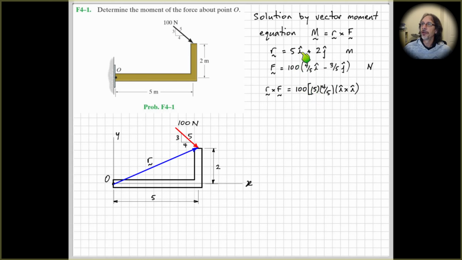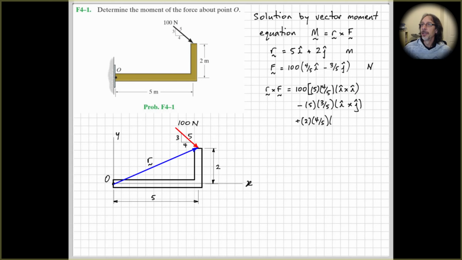So here I've got 5i times 4/5 i, and then you just do the cross product of the two unit vectors. Then the next one, we have 5i times 3/5 j. We've got a negative there, so i cross j. Now we're going to multiply through this one by 2j.